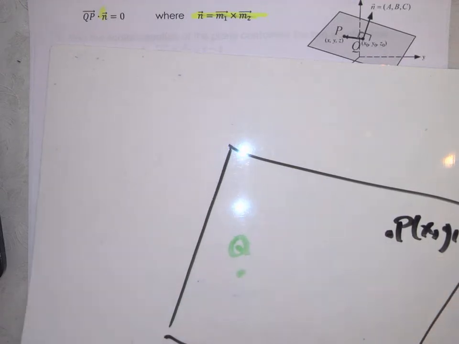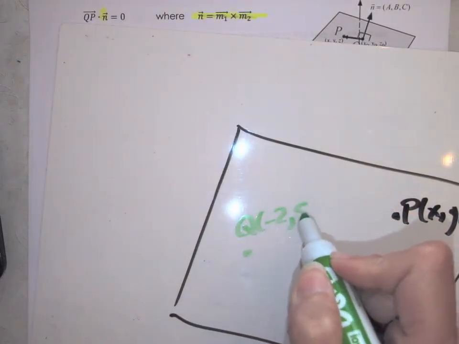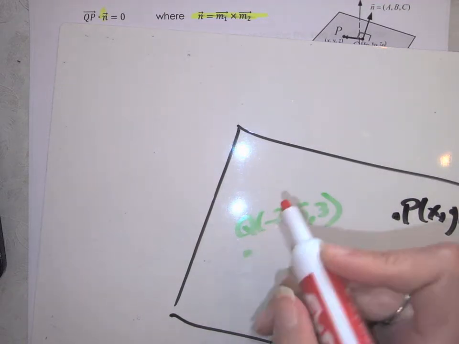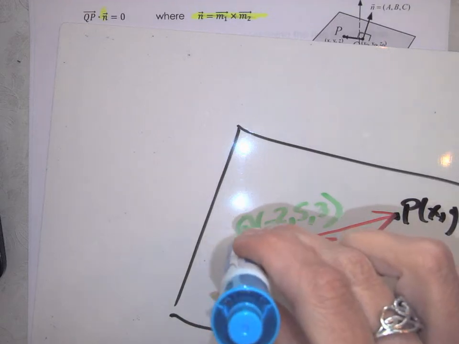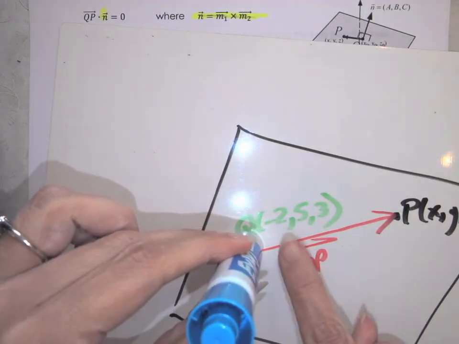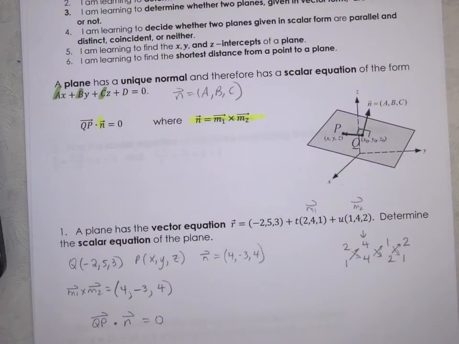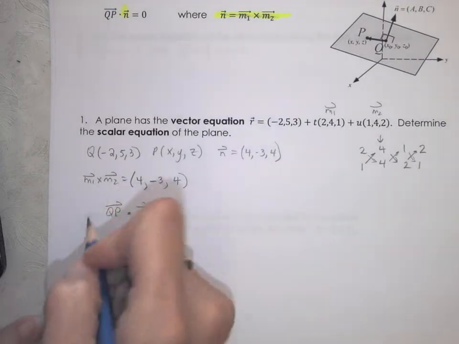In our case, it happened to be -2, 5, 3. And then we can make a vector by joining Q and P. So there's our QP vector. And if we dot it with a normal to the plane, which we know is at 90 degrees to it, we know that their dot product is going to be 0. So that's why we can say this statement and it's true.